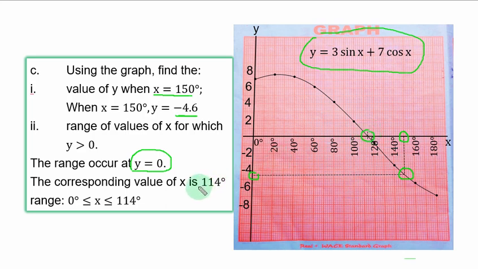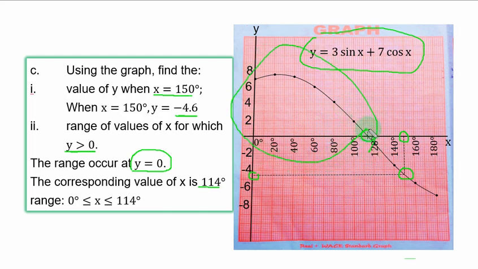Now look at it from that point. s is 114 degrees, but you have y greater than 0. Now if you keep going forward, you have the values of y less than 0. But from this point, if you move backward, you have the values of y greater than 0 in this region.